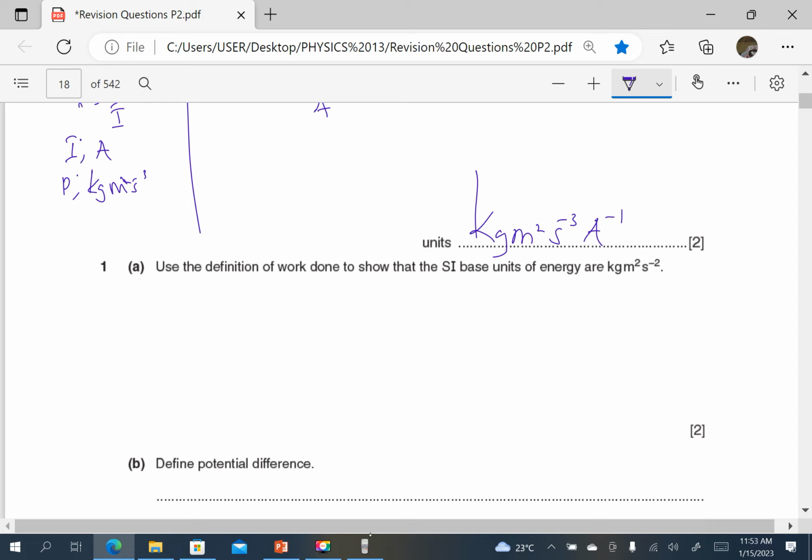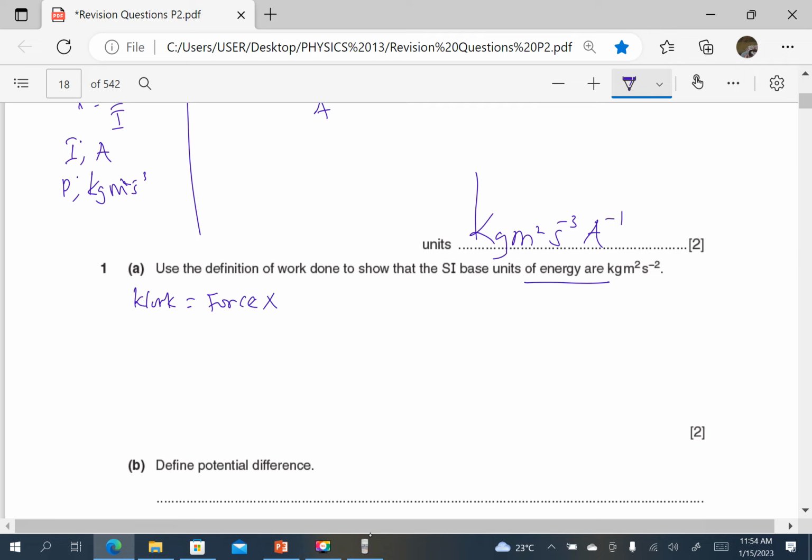Use the definition of work done to show that the SI base units of energy is that. So we know that work is force times displacement, or distance in the direction of the force.